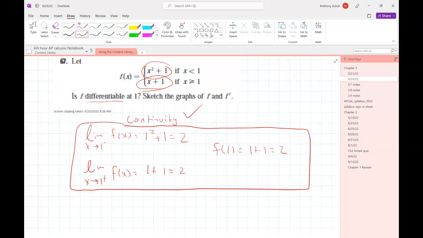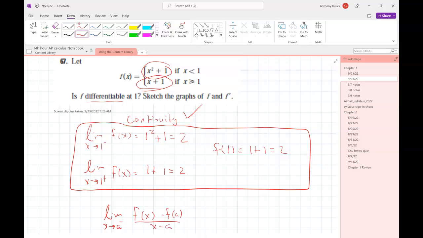So let's see, how do I want to do that? How notationally do I want to do that? Maybe we'll do the limit as x approaches a from the left of f of x minus f of a over x minus a.